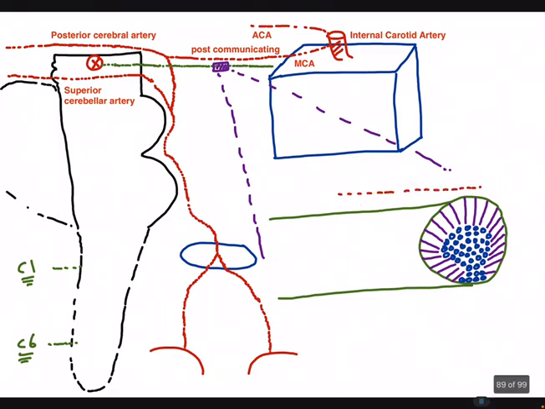On the other hand, there are other conditions in which the somatomotor fibers will be affected before the visceromotor parasympathetic fibers, like in case of diabetes mellitus. We know that nerves receive blood supply from small arterioles. So there is a small arteriole which supplies the oculomotor nerve fibers. We call this arteriole the vasa nervosa.